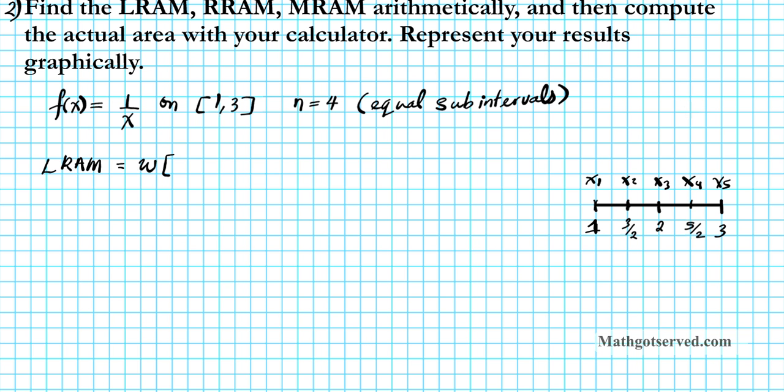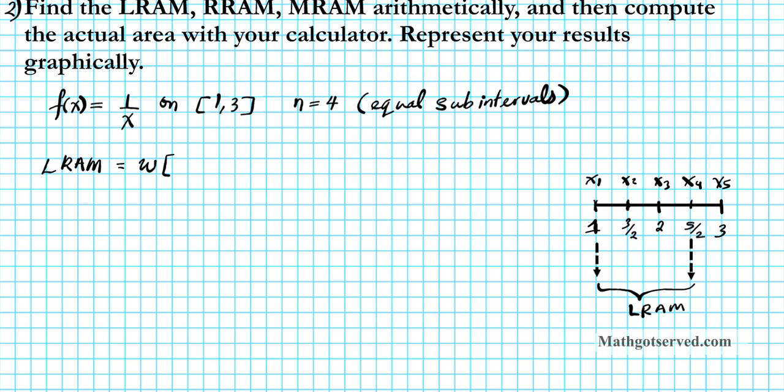All right, let's indicate that on our chart. So we're going to start from here and stop right here. This will be our left rectangular approximation LRAM. While we're at it, why don't we just set up what MRAM and RRAM are going to be.